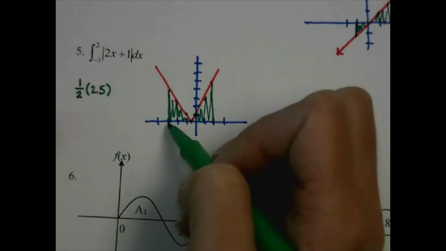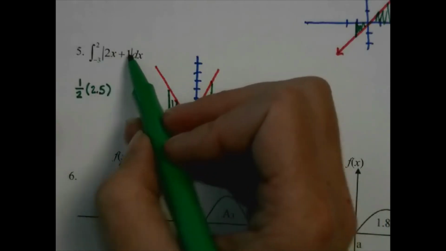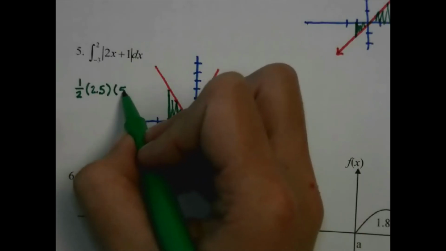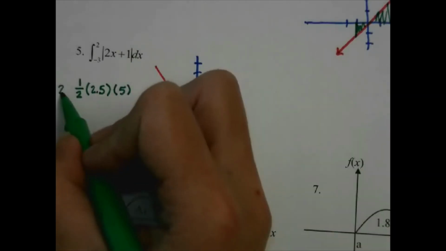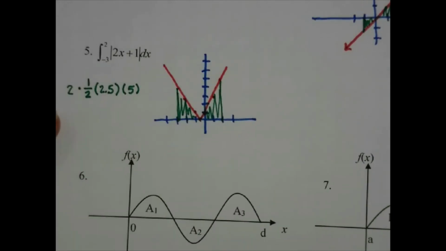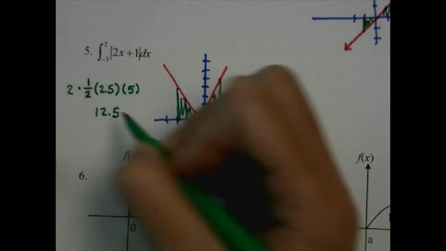The height, if I plug in -3, that makes this -6 plus 1 is -5. Absolute value of that's going to be 5. This one's also 2.5 and 5, so I'm just going to plop a 2 in front of that to say I have two triangles, or you can add them together. This is going to be 12.5.